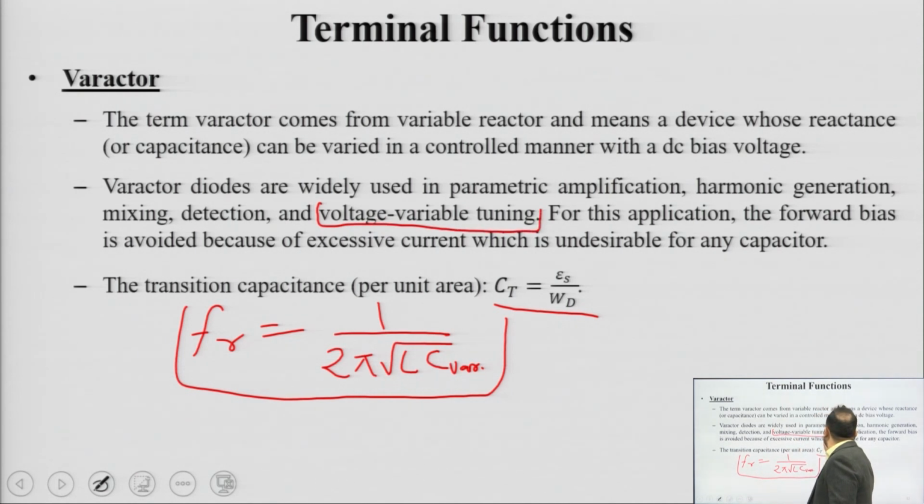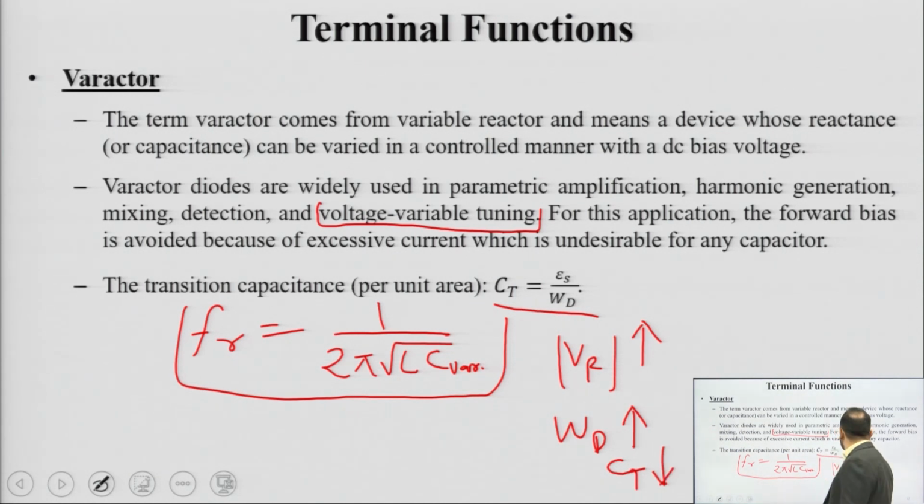Okay. What I have just shown you here is this is voltage variable tuning. Okay. If I increase reverse bias, the width of depletion region is going to increase, which means CT is going to go down. The opposite is also true. If I reduce the magnitude of reverse bias, depletion region width goes down, transition capacitance increases. Either way, the resonant frequency changes. Okay.